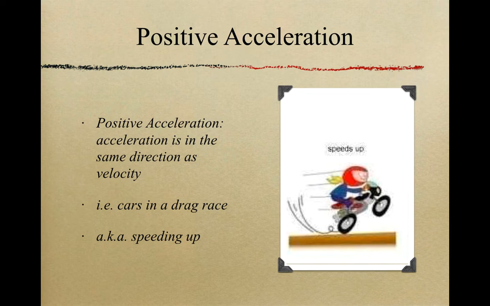We're going to be calculating this, so yes, velocity has that directional component, but we're going the same direction, so we ignore that, and our car is just speeding up. So I'm going from 5 meters per second north to 7 meters per second north.